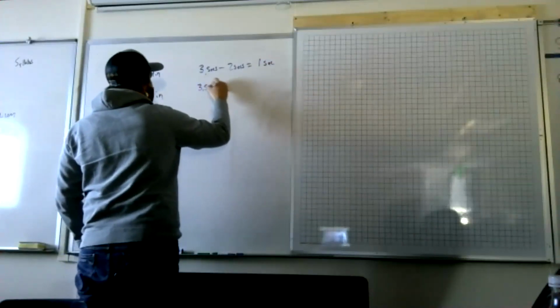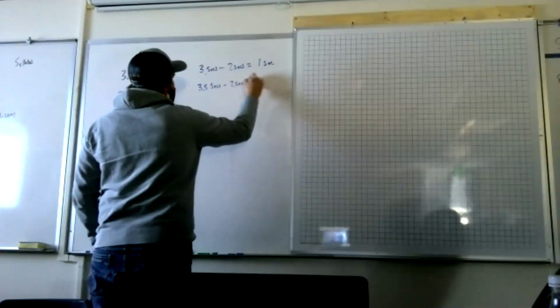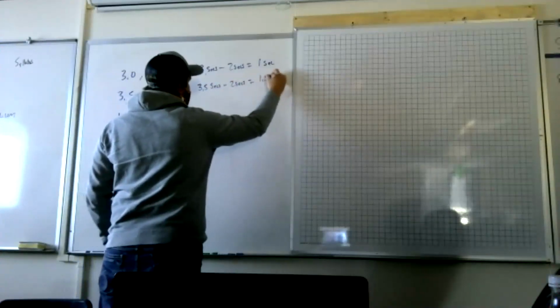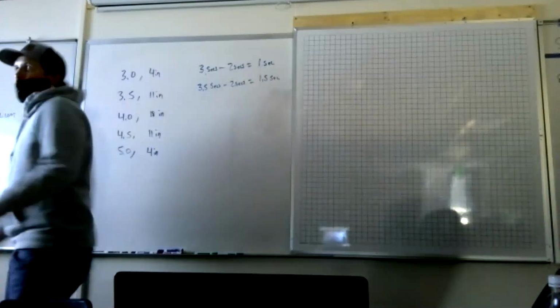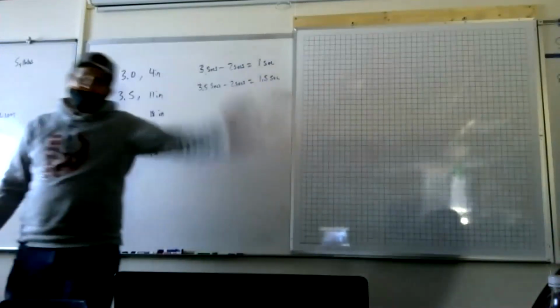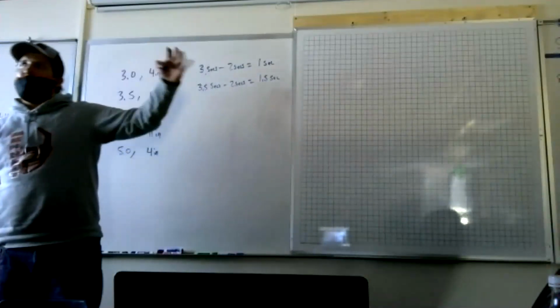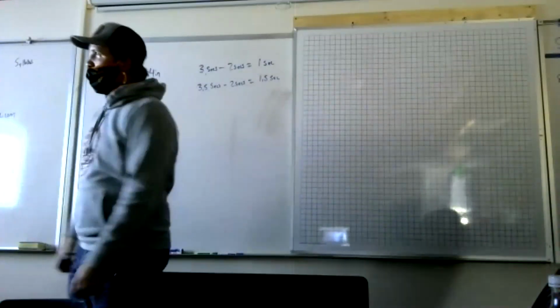3.5 seconds minus 2 seconds brings me back to where it's at 1.5 seconds. Okay, basically what I'm doing by subtracting 2 seconds on each one of these is I'm removing a cycle. And I'm trying to get back to the original position on the original cycle.